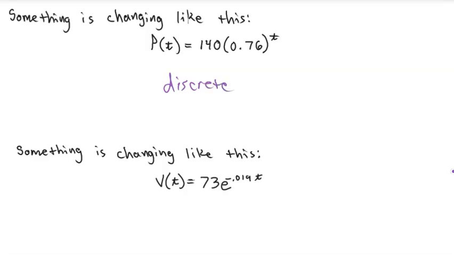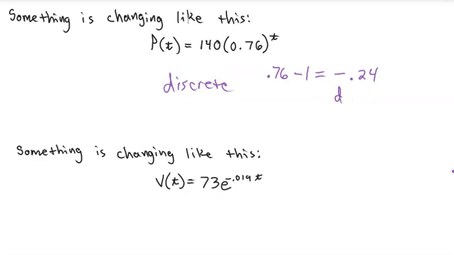P of t is the ending value. The starting value is 140. And we can see that the number inside of the parentheses is less than 1. So we take our 0.76, subtract 1, and we get negative 0.24. That means this must be a decay function, okay? So this is discrete decay.